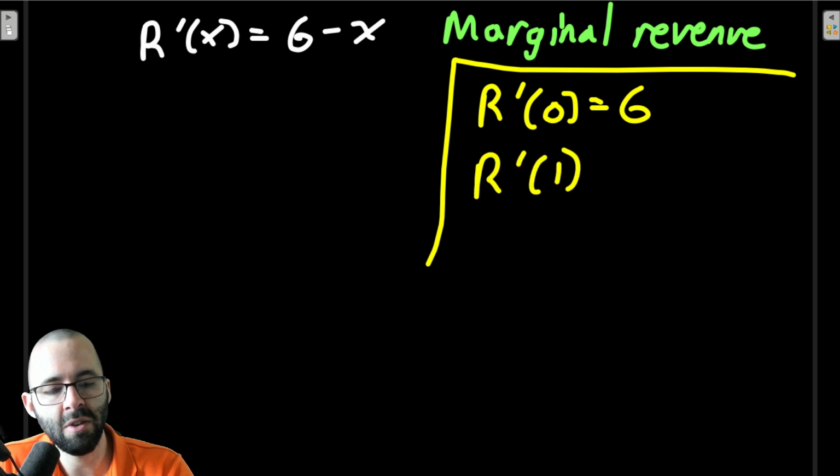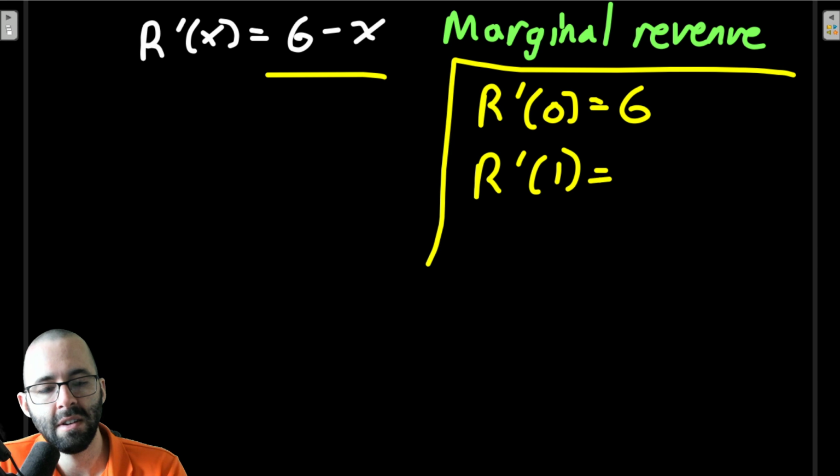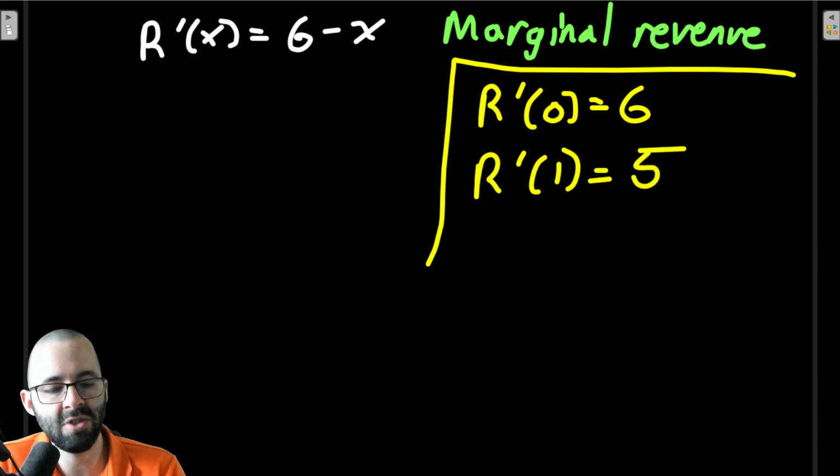The additional revenue from going from 1 car to 2 cars is going to be 5,000, and so on. This is just the additional revenue generated by increasing production or selling by 1. And again, remember X is in thousands of dollars.